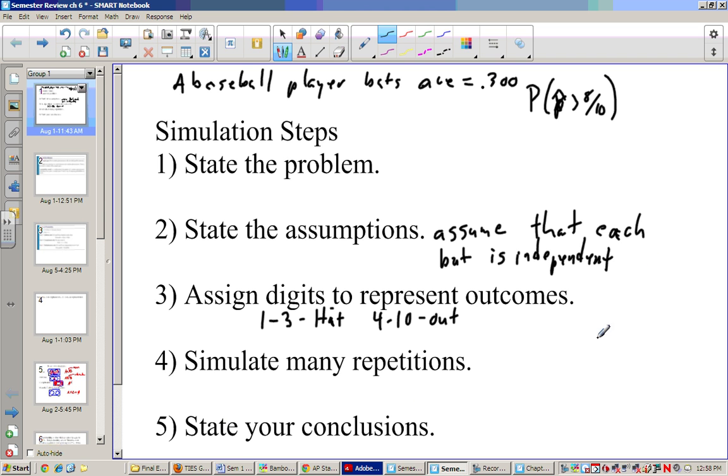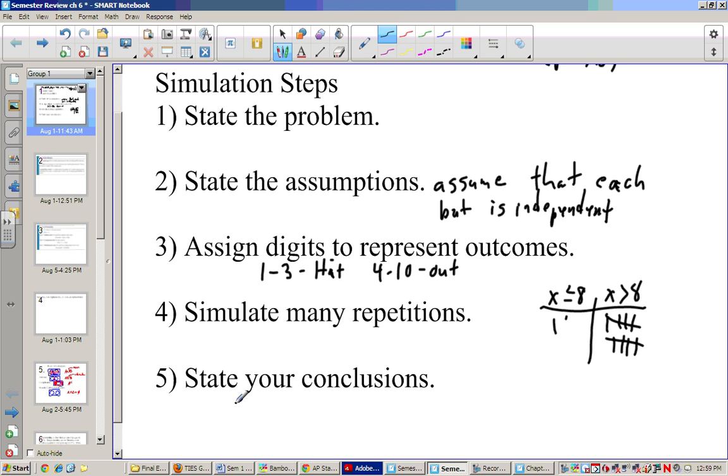And we see how many times out of those 10 that he got above 8 hits. And over here would be 8 and below. And then you have some kind of tally. And if you got 1 out of 11, you'd say the probability he gets above 0.8 is 1 out of 11 times.